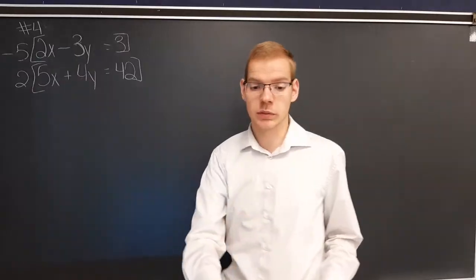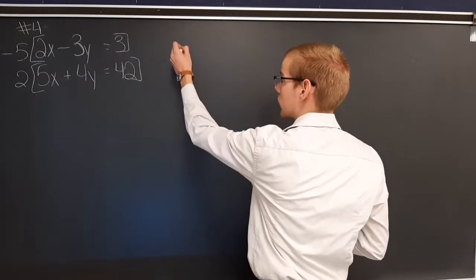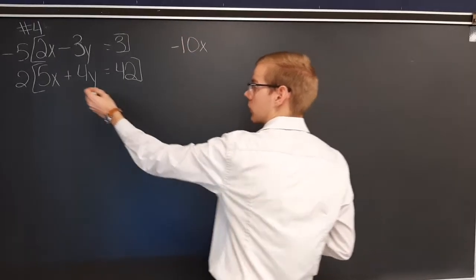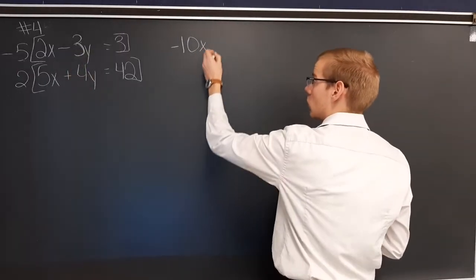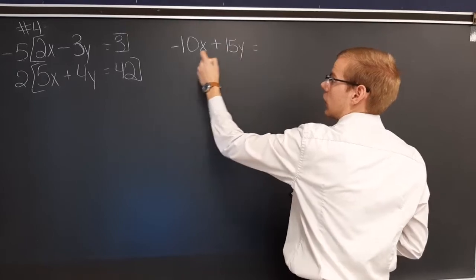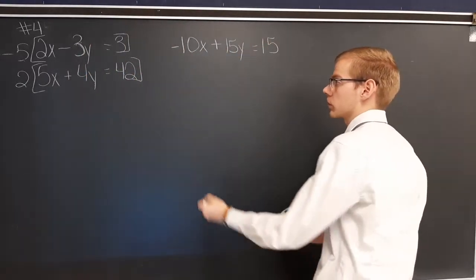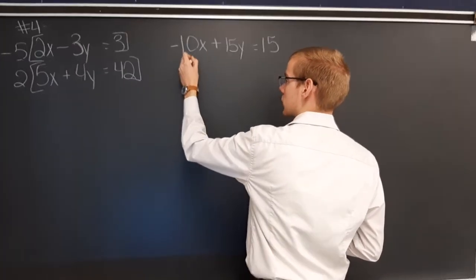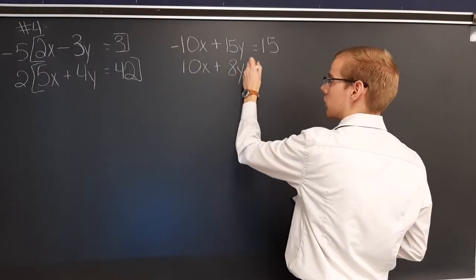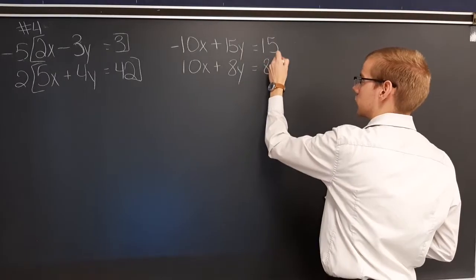So let's go through this one. -5 times 2x is -10x. -5 times -3y is positive 15y. And then we have -5 times 3 is -15. And then do the bottom the same way. 2 times 5x is 10x plus 8y equals 42 times 2 is 84.